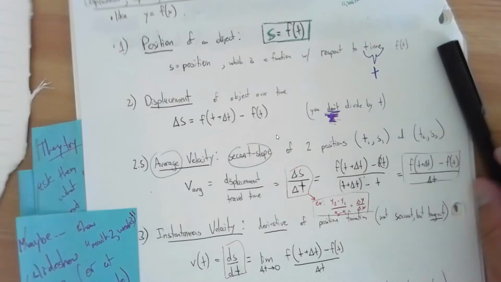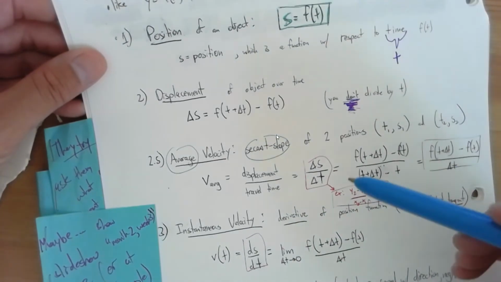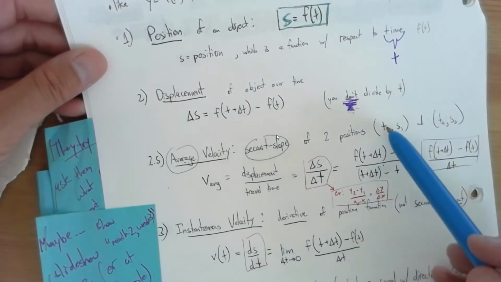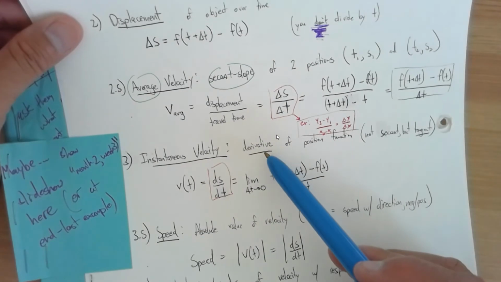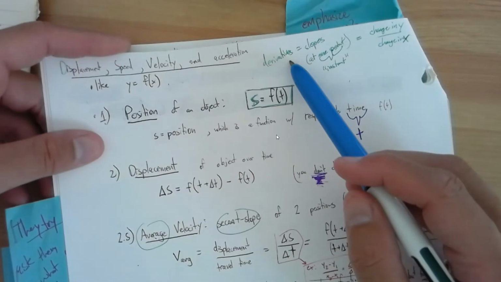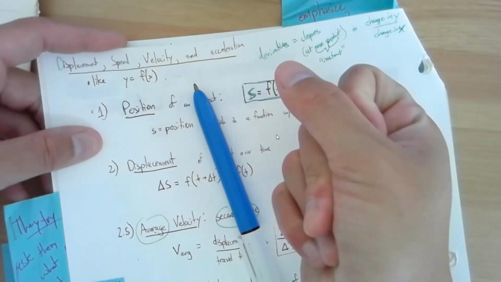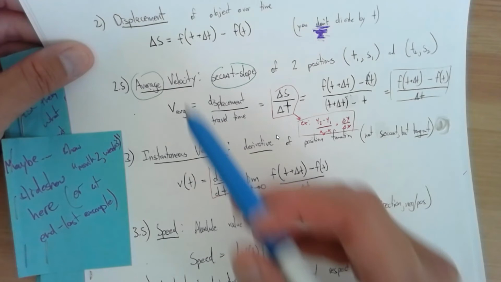That's why I wanted to talk about averages, because it explains how a slope between two coordinates is completely different from finding a slope or derivative, which is a slope at one point in an instant. Okay.